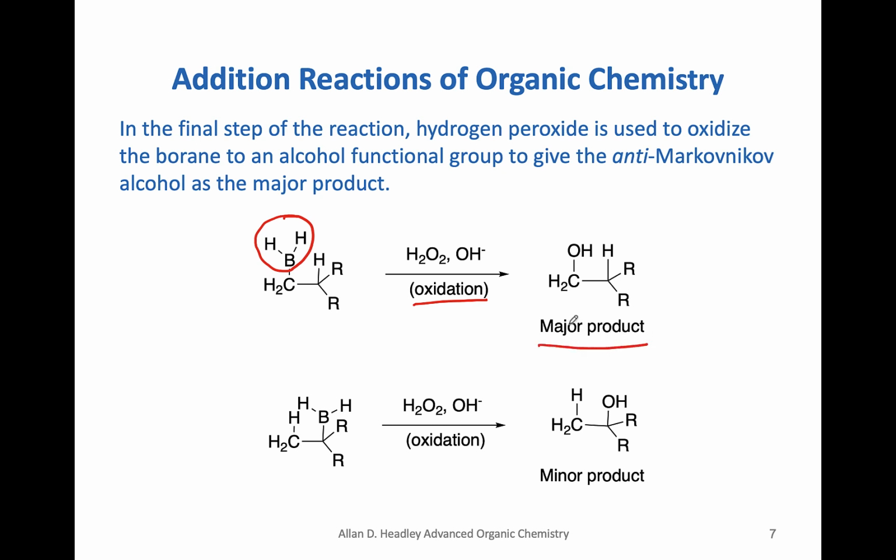Why the major product? Because it came from the major product of the initial addition of borane to the alkene. Of course, this was the minor product from the previous reaction. So the oxidation of the boron here using hydrogen peroxide gives the minor product here.